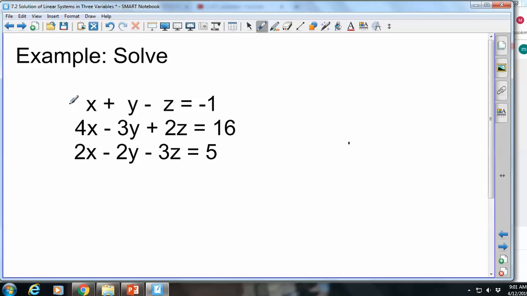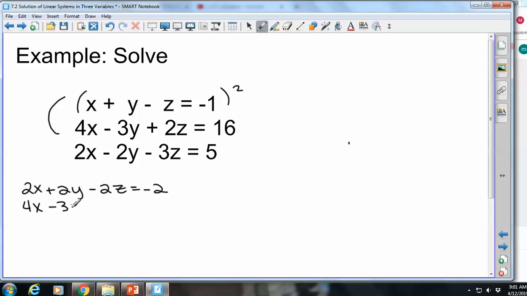Z. Okay. If I took the first two and I wanted to eliminate z, what would we have to do? Okay, so let's do that. If I take the top one times 2, then I get 2x plus 2y minus 2z equals negative 2.